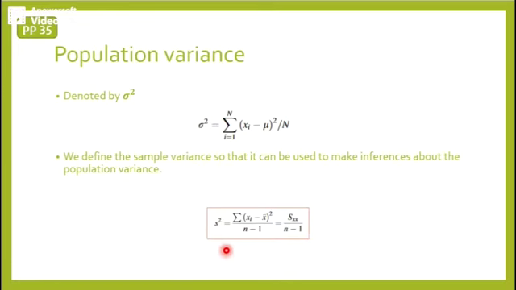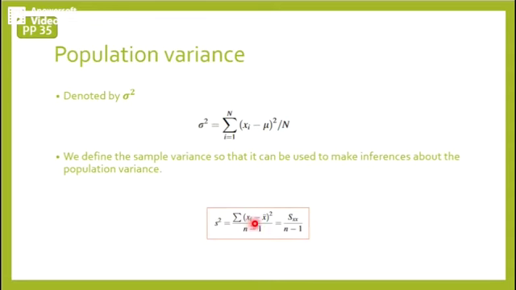If we knew the population mean, we could have used the population mean here instead of the sample mean. But the population mean is almost never known. So the sum of the squared deviations about the sample mean must be used.